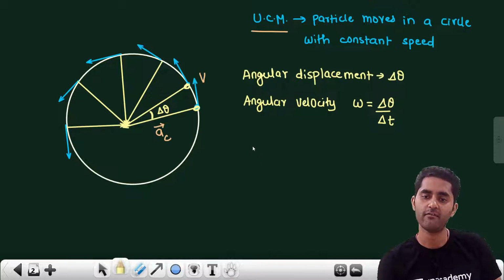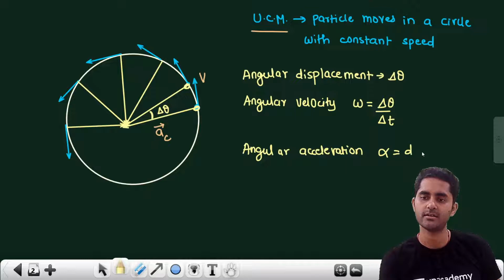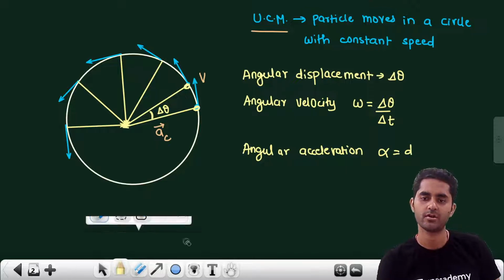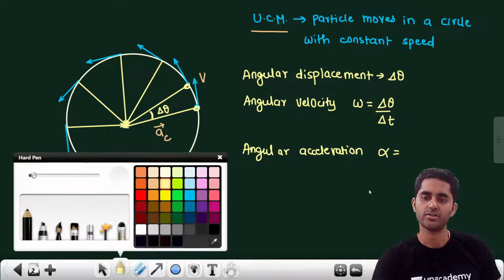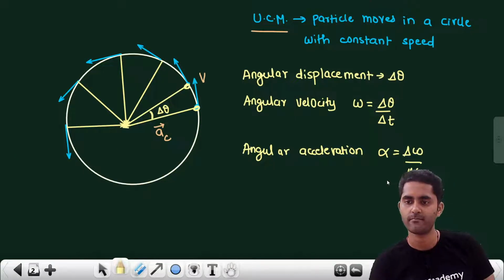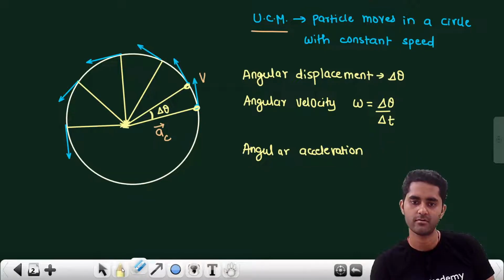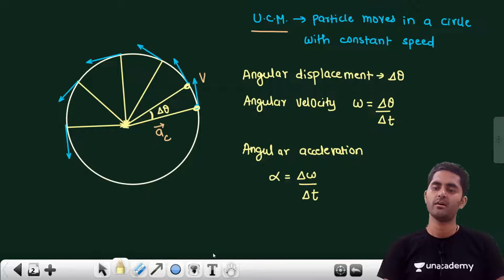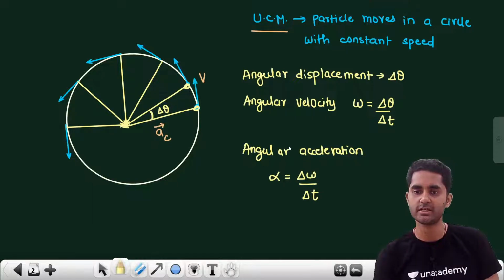And then we have angular acceleration, alpha, that is change in angular velocity upon time. Let me just write it over here. I think it's not visible. Angular acceleration alpha is change in angular velocity upon time. Okay, so these are the average angular velocity and average angular acceleration.